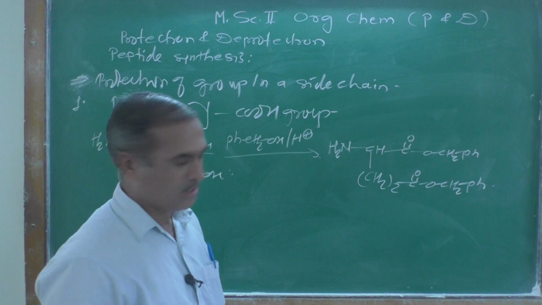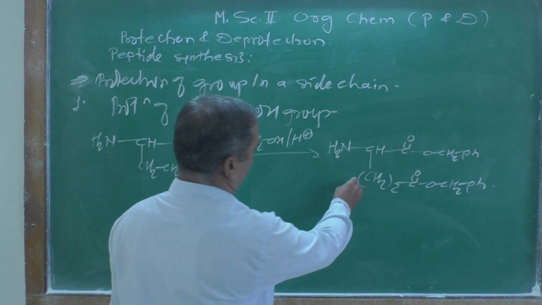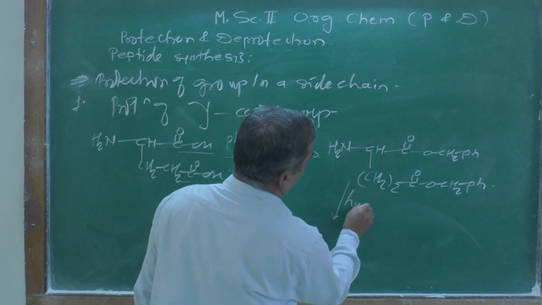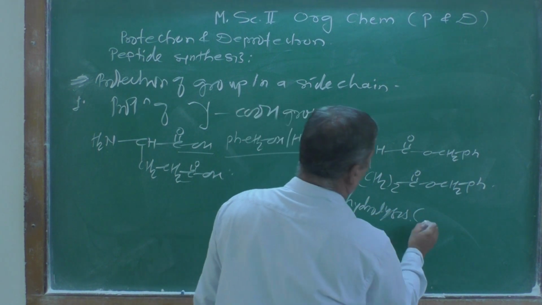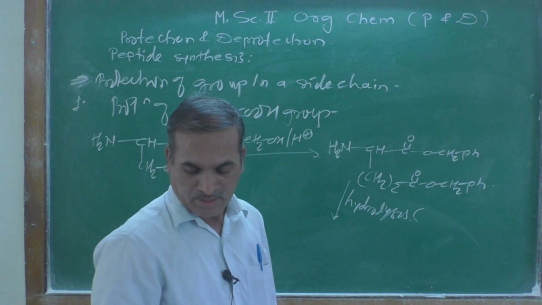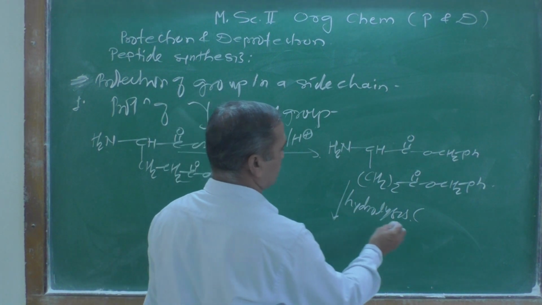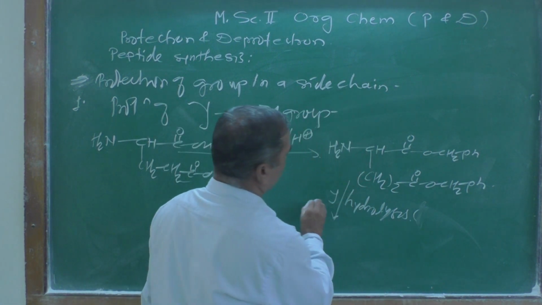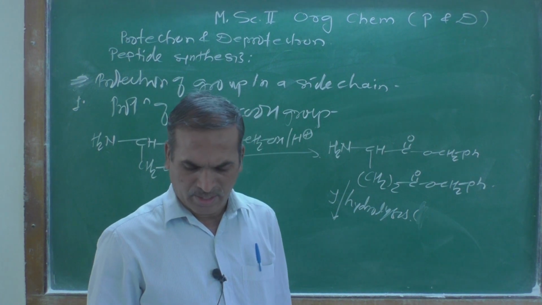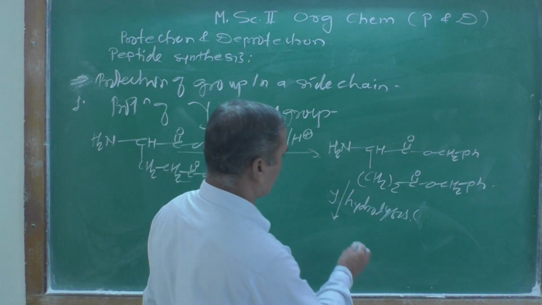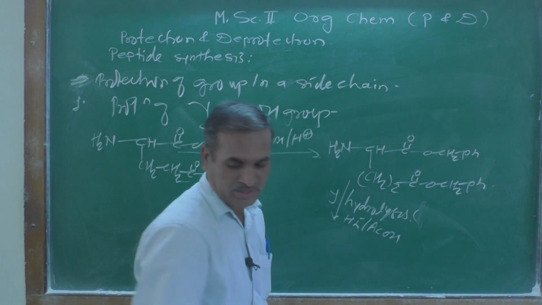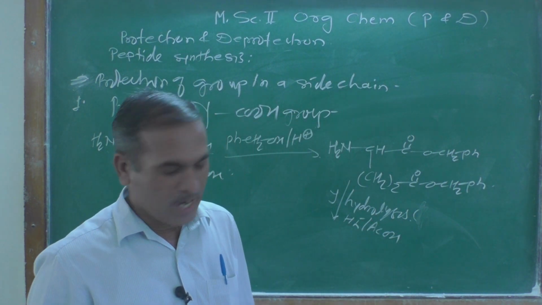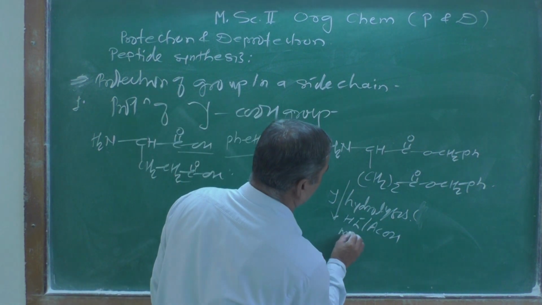Then gamma hydrolysis, and the reagent used here is HI in the presence of acetic acid, a mild hydrolysis.